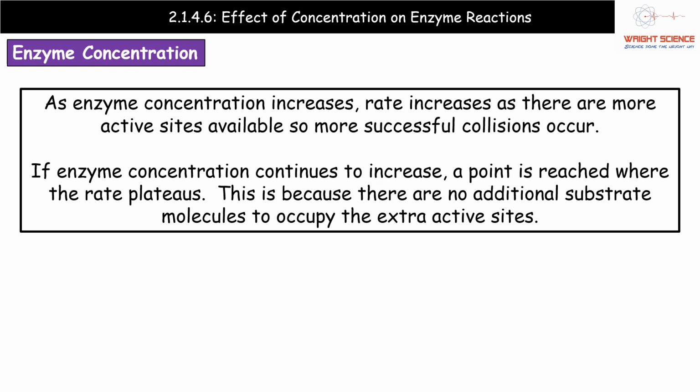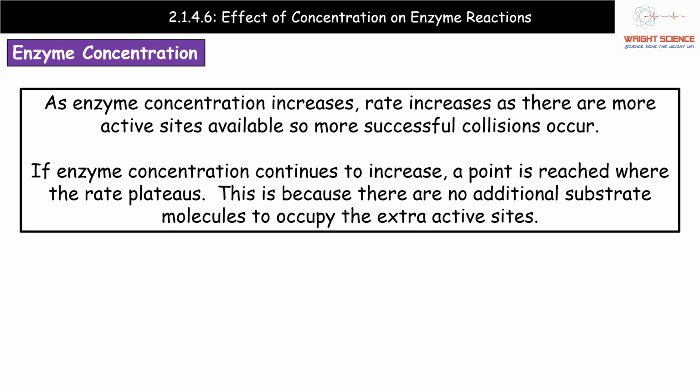In terms of the effect of increasing enzyme concentration, we see an increase in the rate of reaction as well. Quite a logical thing there, I hope, because if we've got a greater concentration of enzyme, then there are more active sites available, so more successful collisions will occur.